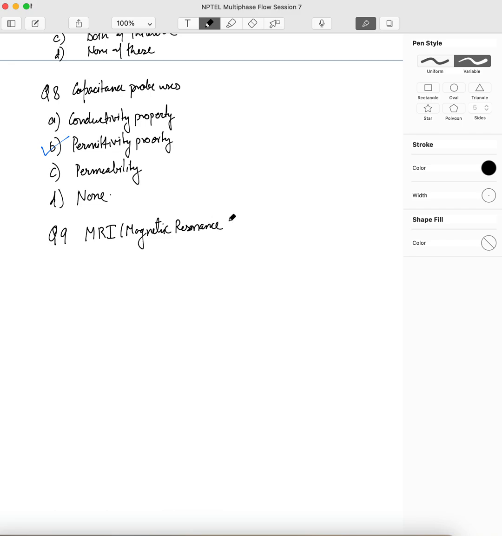The question is, magnetic resonance imaging gives velocity field, volume fraction, both, none.